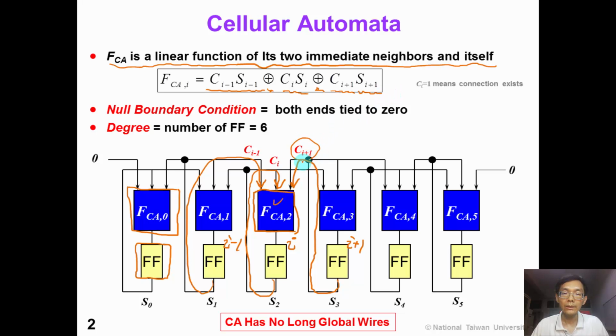Please note that the coefficient Ci equals 1 means that the connection exists, otherwise Ci equals 0.